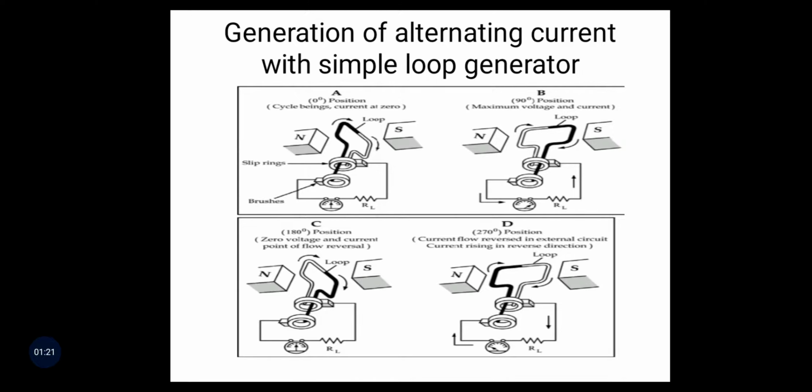In this generation of alternating current, we use the single loop.